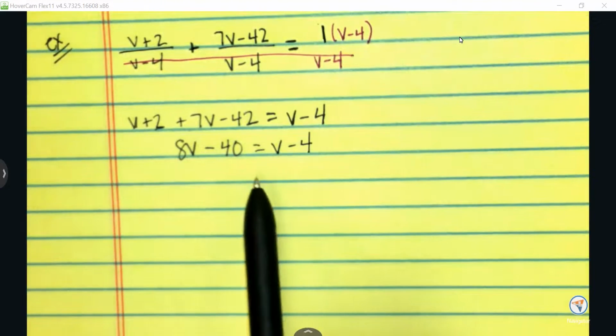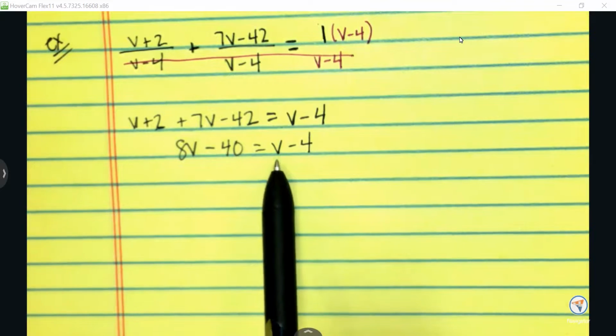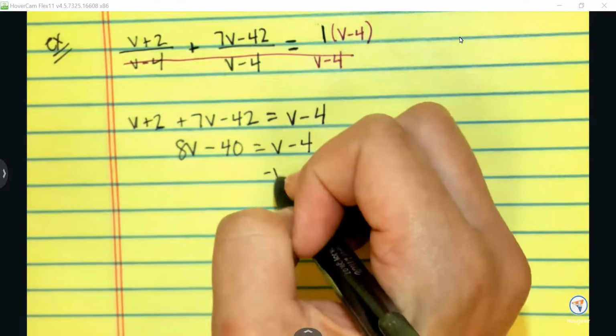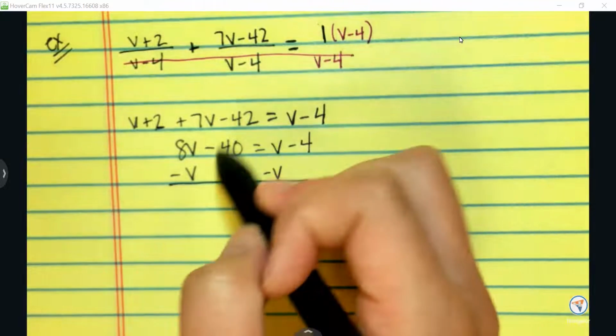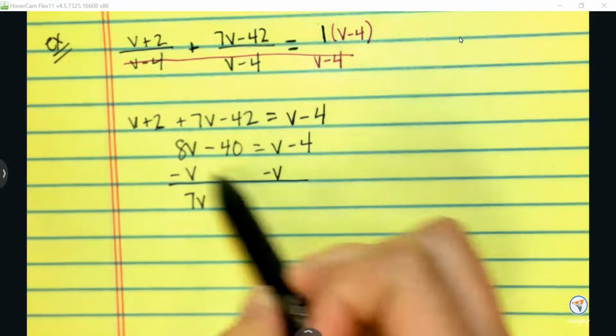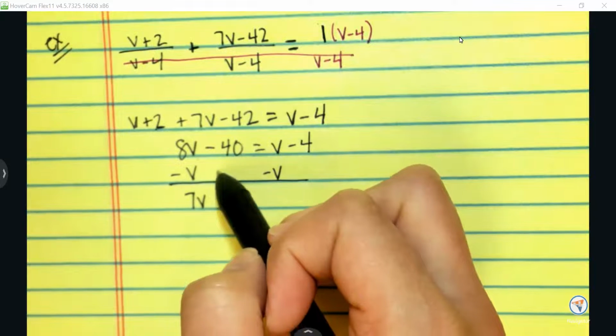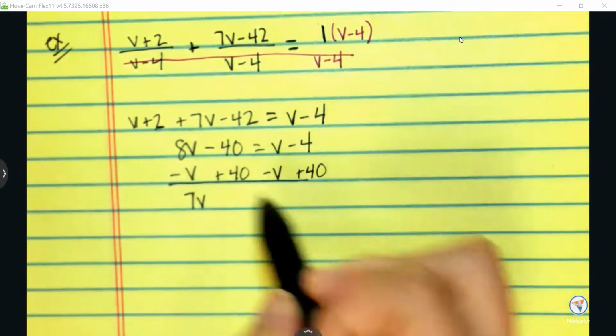So I need to move all my v's to one side. If I move this v to the left side, so I subtract v, what is 8v minus 1v? 7v. And how do I get rid of this negative 40? I'm going to add it. I'm just doing it in 1 step. You can do it in 2.